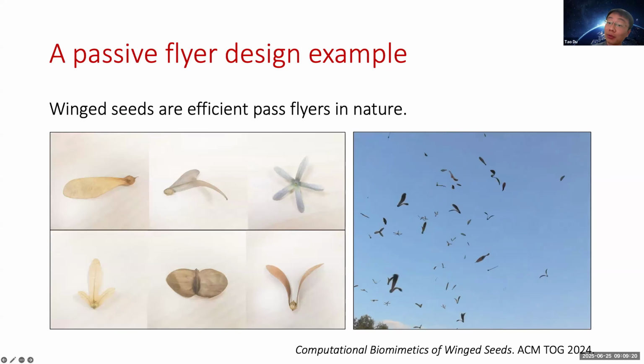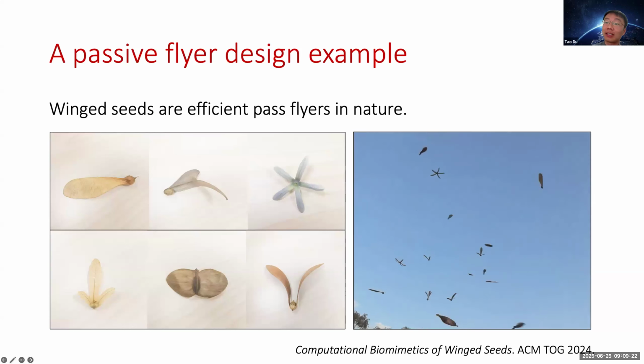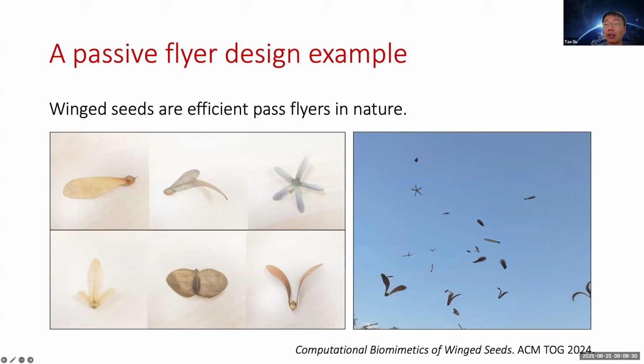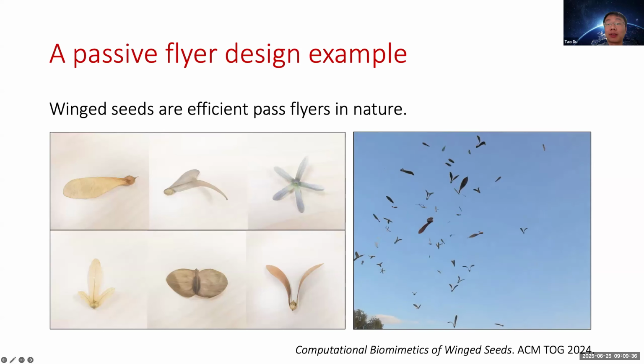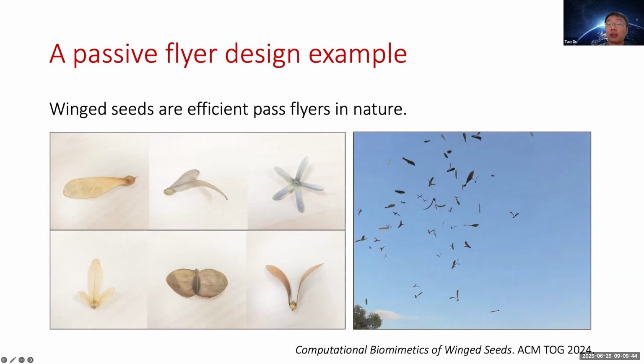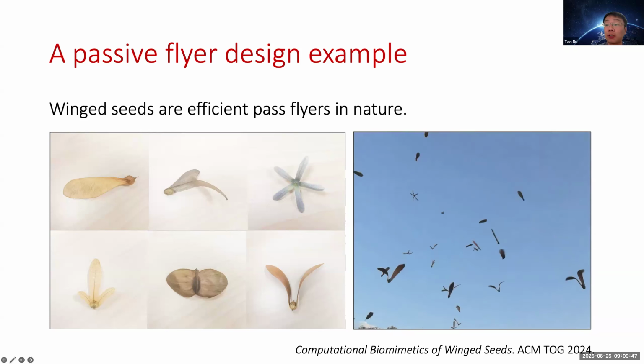In this project, we consider designing a passive thin shell flyer inspired by winged seeds in nature. These seeds are equipped with very light and large wings. The left photos show 6 representative wing shapes from these winged seeds, and their unique shapes interact with airflow when they are free falling from the trees.